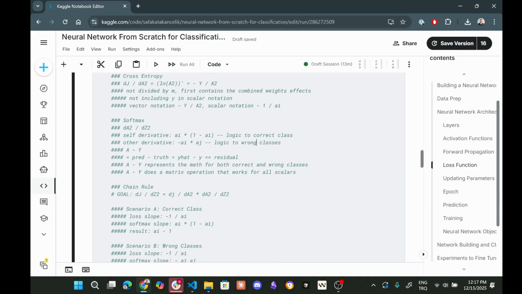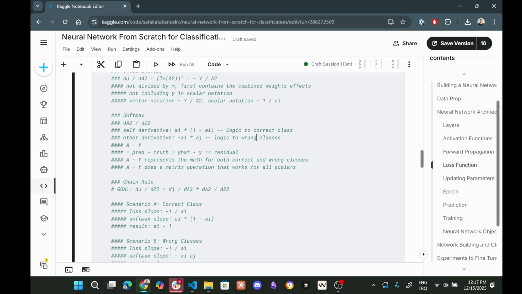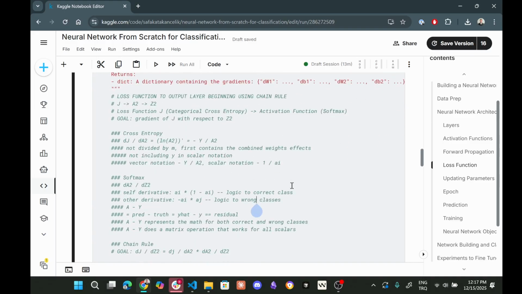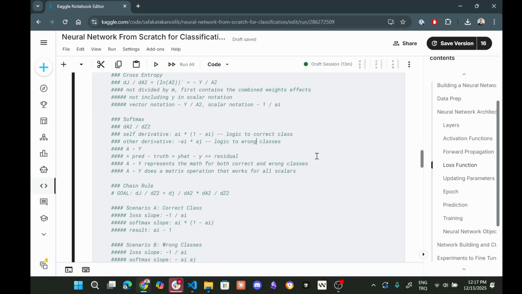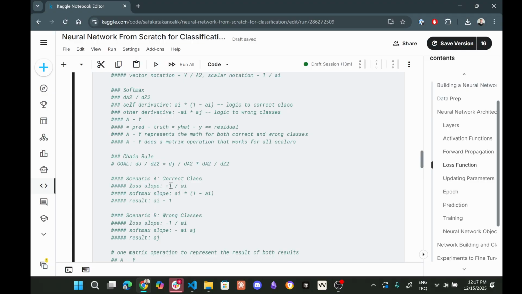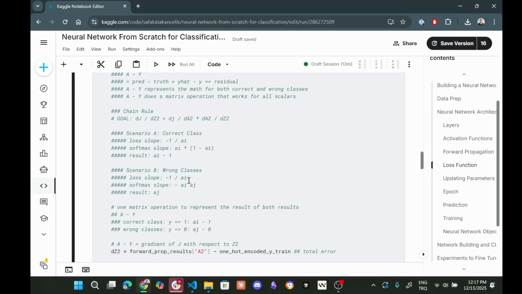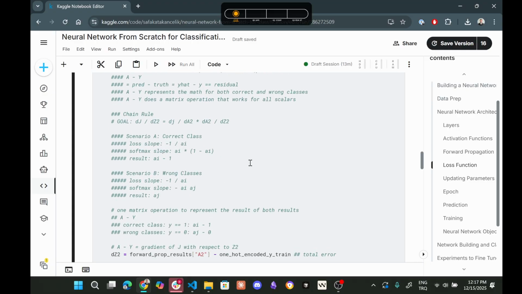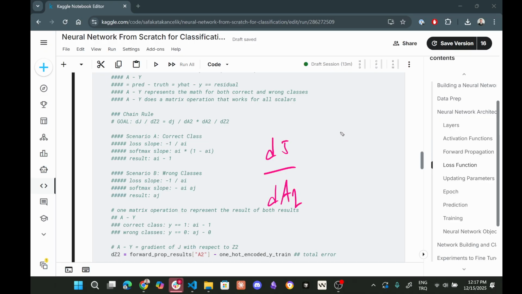What is interesting about this is that when we consider correct classes and wrong classes and apply the chain rule like this, we multiply the slope of the loss and the slope of the softmax for the correct classes and the wrong classes.